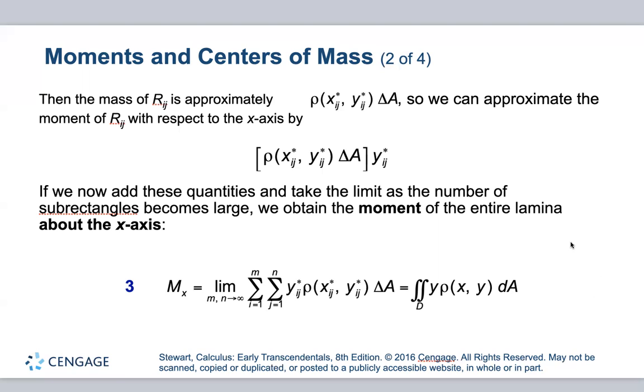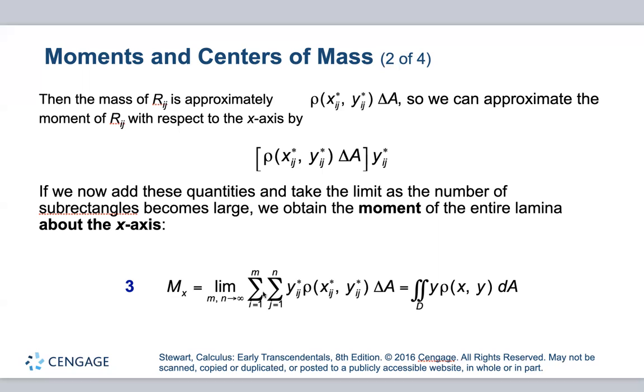That's really all you need to remember here: the moment about the x-axis is given by the double integral of y times rho, the density, dA. Students often confuse that, but remember, when you're doing a moment about an axis, you want to use the directed distance to that axis, which comes from the opposite coordinate.